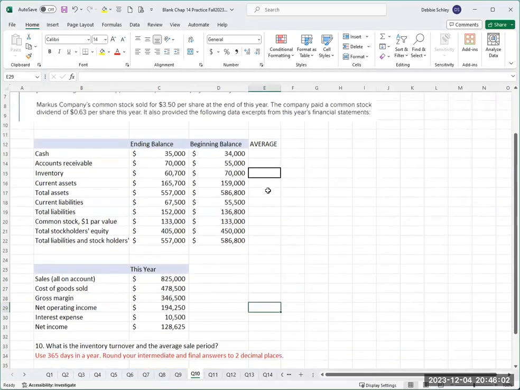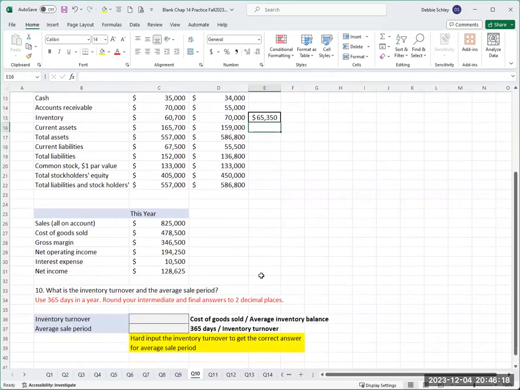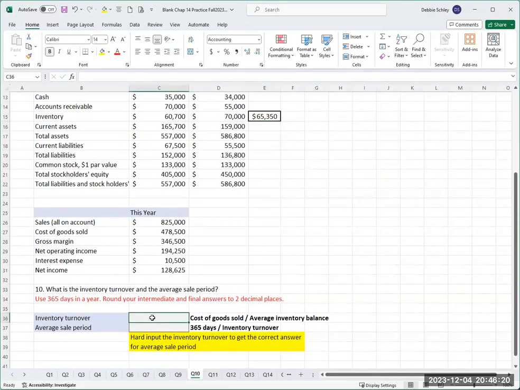So I need my average inventory balance, which equals parentheses, ending plus beginning, close parentheses, divided by 2. Okay, so cost of goods sold right there divided by average inventory balance.